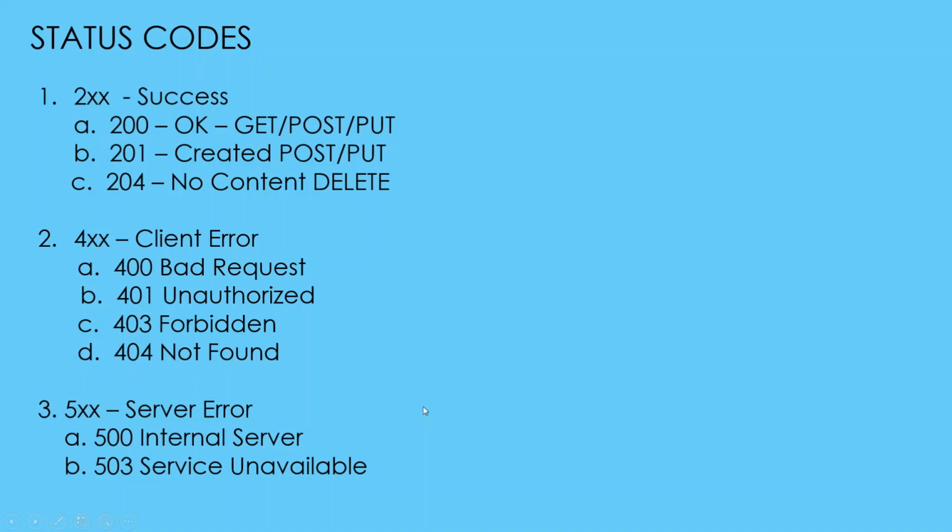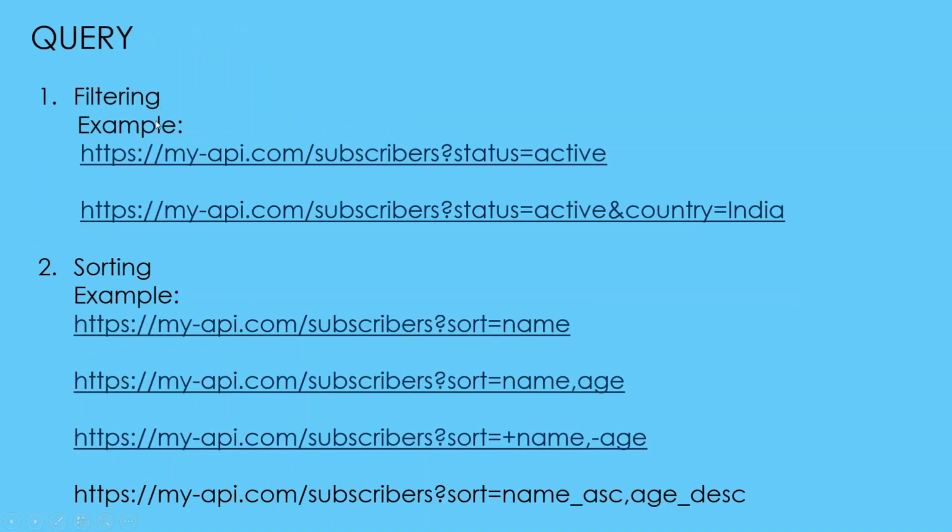The API consumer may only need a subset of a collection of resources. This can be done by filtering the data using query parameters. So in this example, I want to get the details of active subscribers, so I can use a query param called status and give it active.